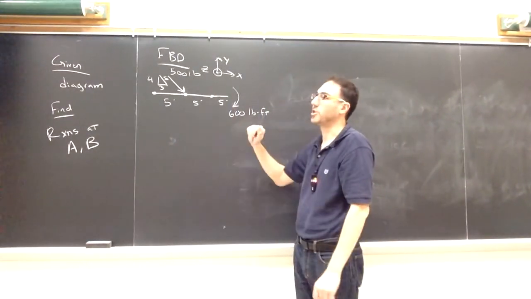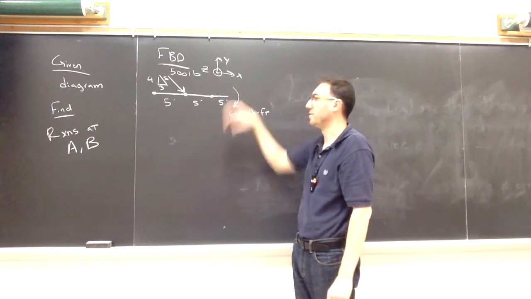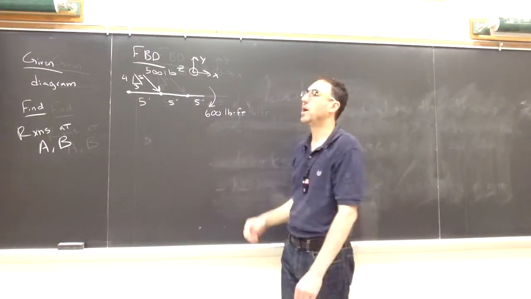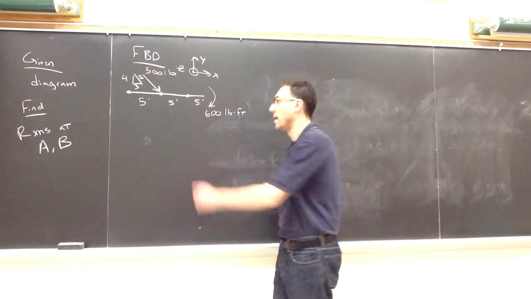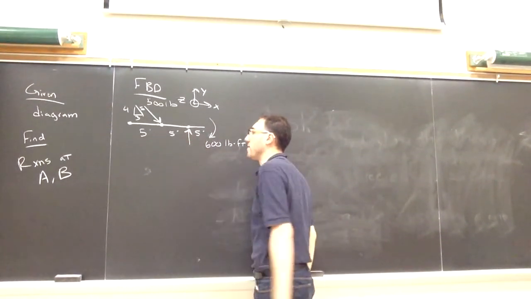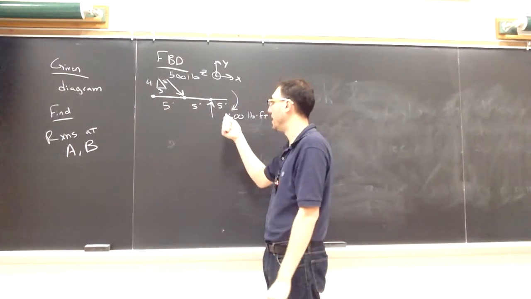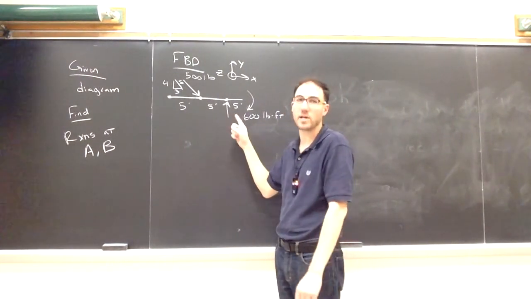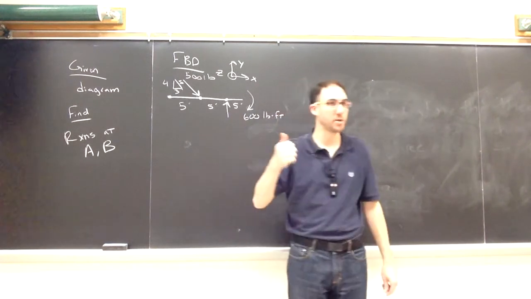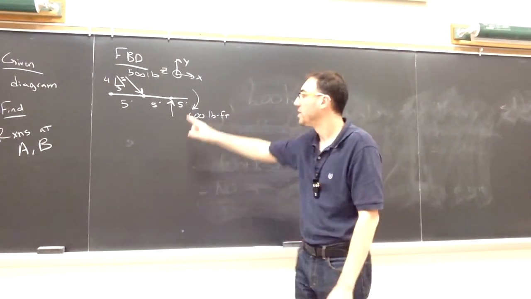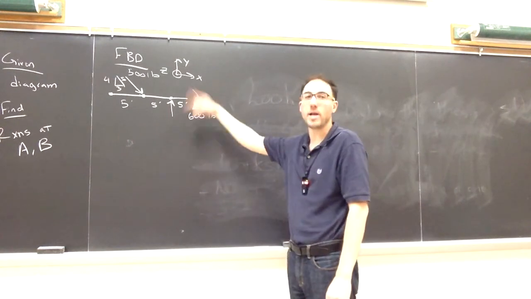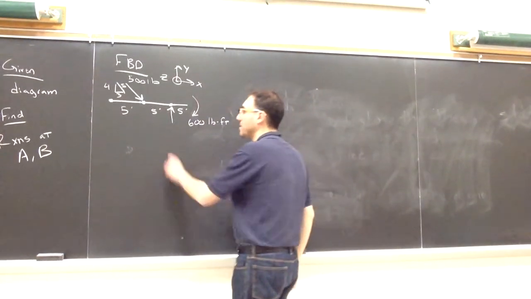In the y direction, could the beam go up and down because the roller was there? We know that a roller can only push on our object, so the roller exerted a vertical force, and we know its direction is up. That's not a question. The question is, how hard was it pushing, with what force. So we know its direction, and we know it's up, but we don't know its magnitude.